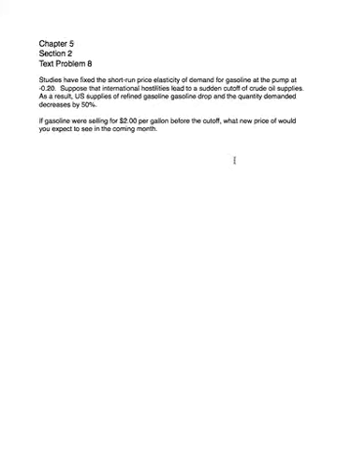As a result, U.S. supplies of refined gasoline drop and the quantity demanded decreases by 50%. If gasoline were selling for $2 per gallon before the cutoff, what new price of gasoline would you expect to see in the coming month?